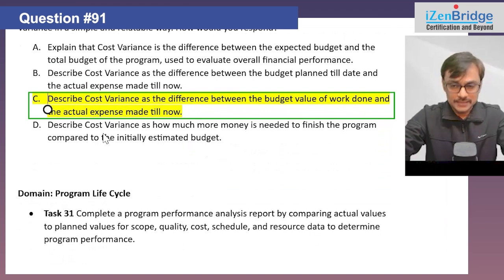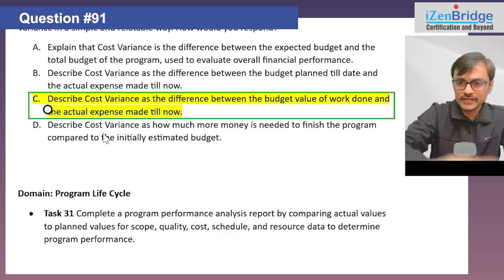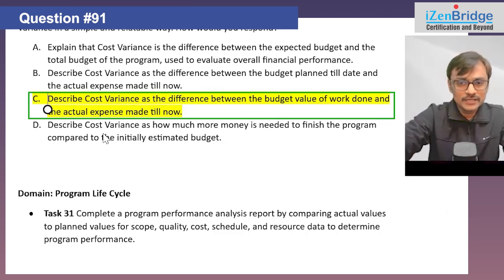You can get this task 31 in the exam a few times, especially when it comes to comparing scope, schedule, quality, and cost. All those critical planning activities may have a variance analysis coming in, and there task 31 will get tested in the PgMP exam. Program lifecycle domain, task 31.